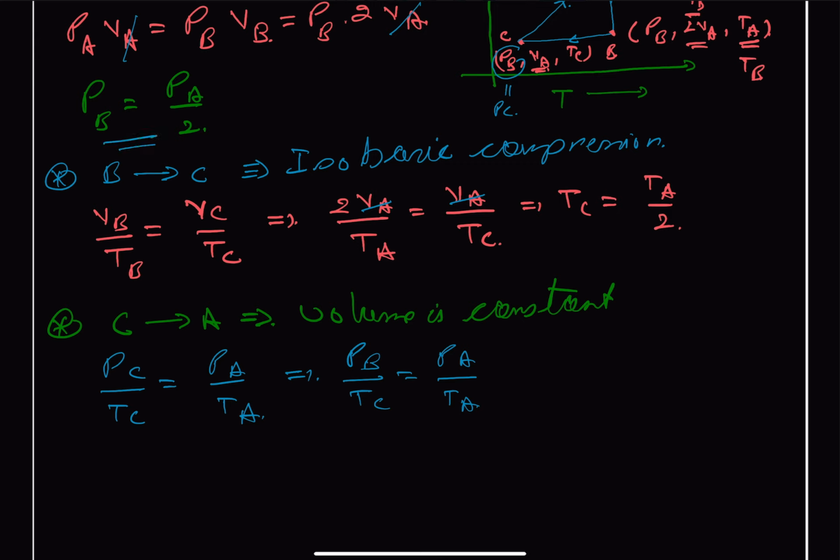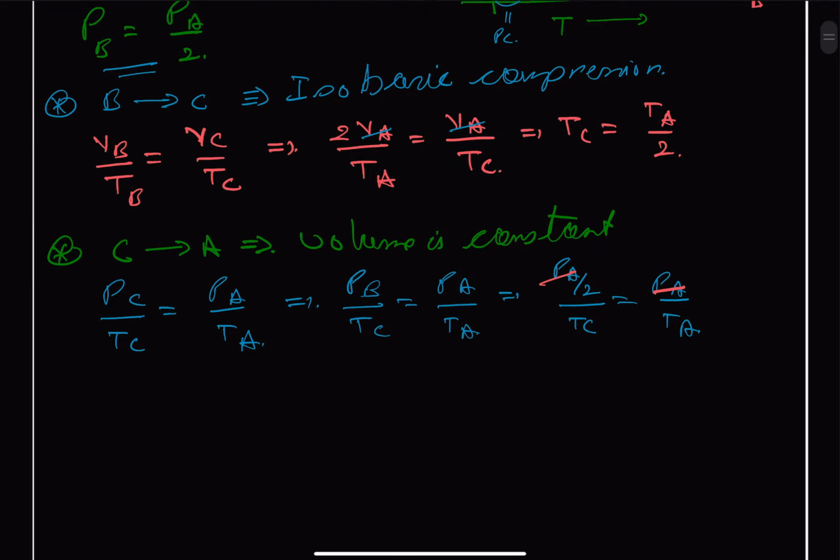So we can write this PA by 2 divided by TC is equal to PA upon TA. And this PA and PA cancel out, so we get from here that our TC is equal to half of TA.